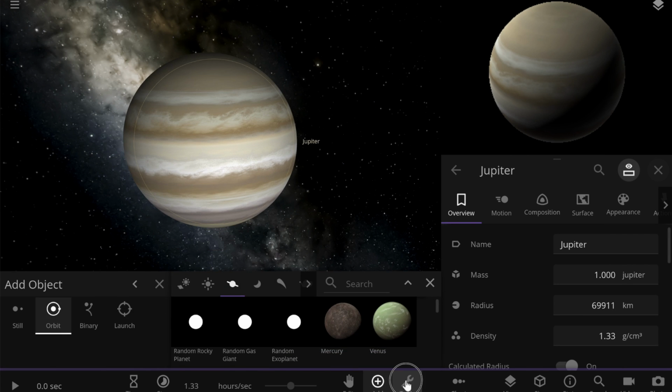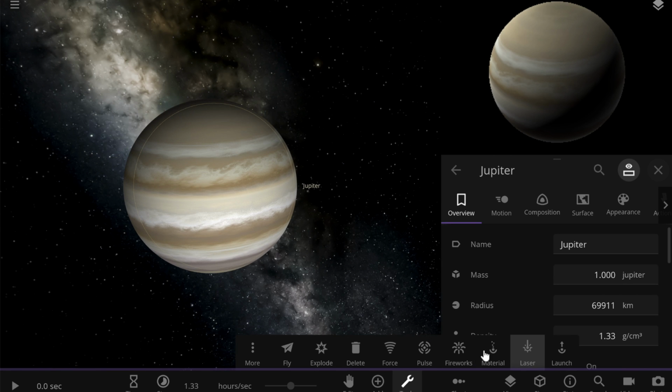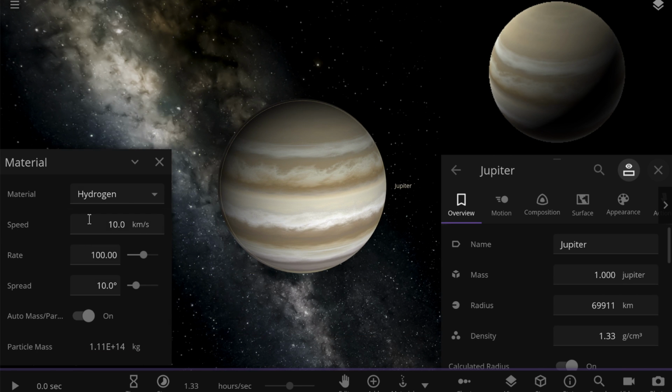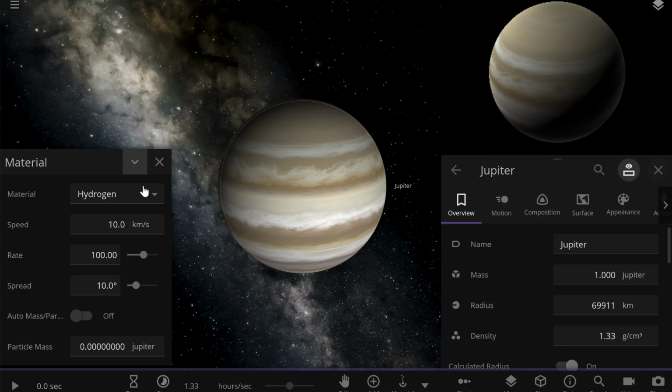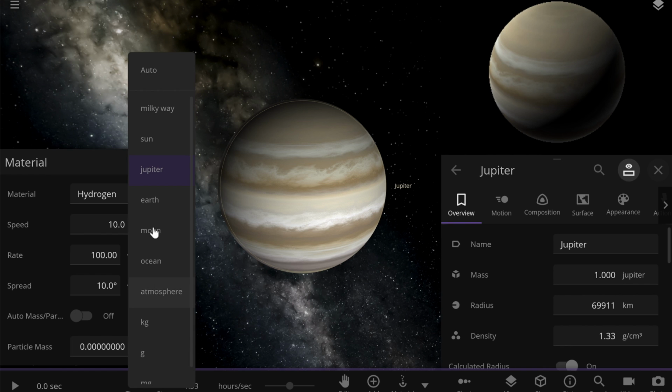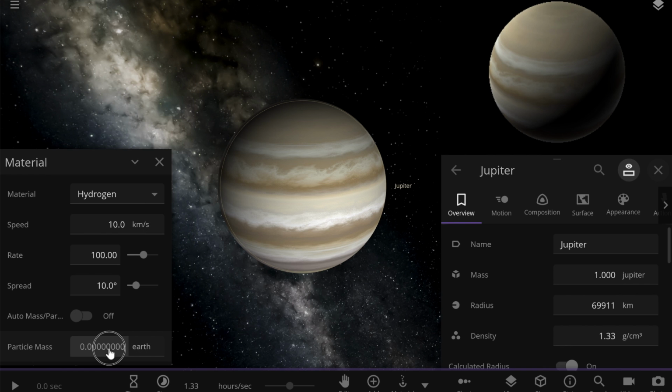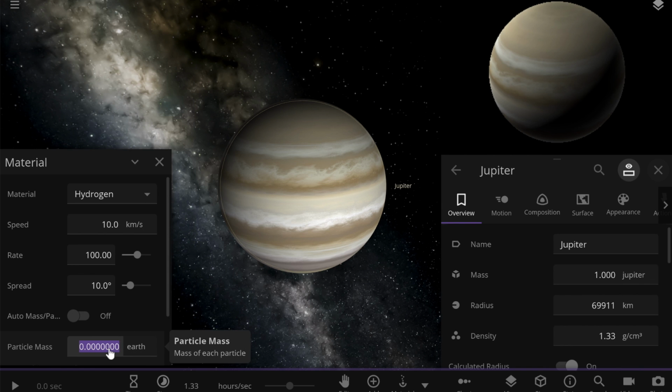Now what we're going to do is we're going to shoot hydrogen at it. And we are going to make them pretty big, because we don't want it to be super slow. I'm going to put it in Earths. How about 0.5 Earths each particle, or maybe 0.01 Earth.